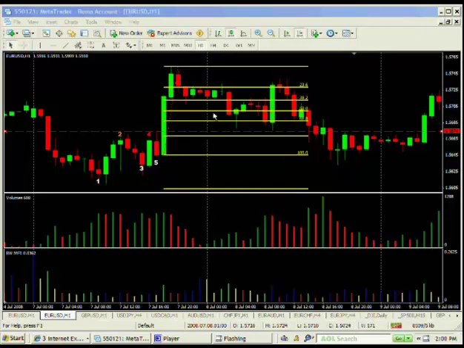And now we can see how price came down and tested 61.8% and bounced back up, so 61% held here.